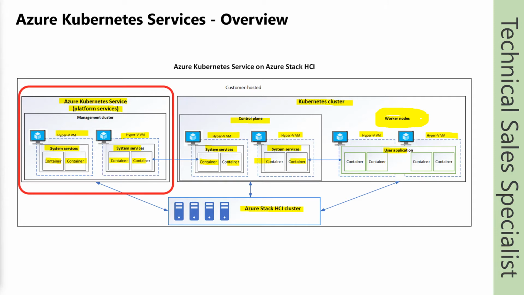So the Kubernetes cluster is customer hosted. So we can provide the services on premises. This is great when we want to optimize latency, when we want to access local stored databases and things like this. The configuration of this whole Azure Stack HCI based Kubernetes cluster is provided by Windows Admin Center.